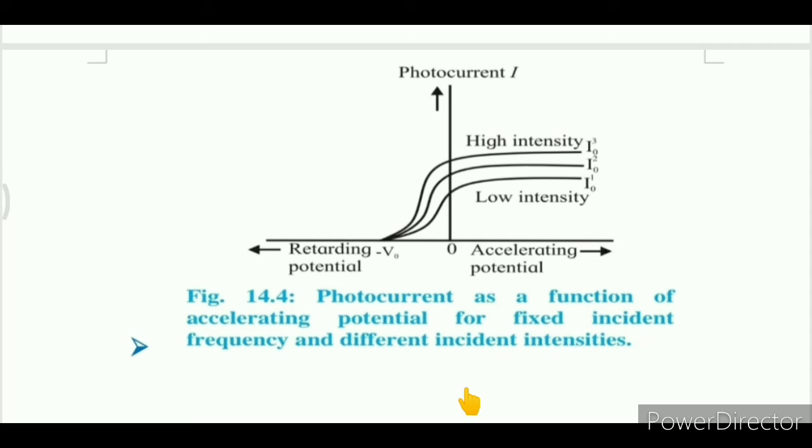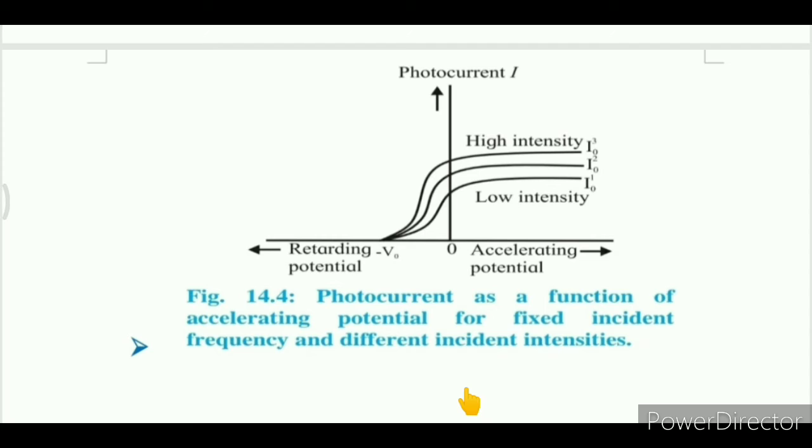as the threshold frequency and the intensity of incident radiation are both kept constant at suitable values, the positive potential of plate C is gradually increased and we measure the resulting photoelectric current each time.